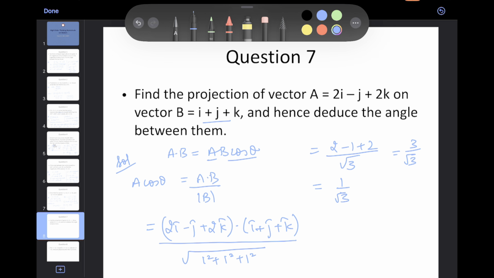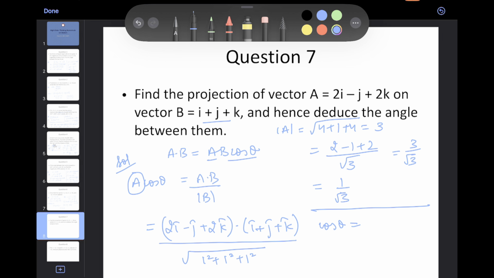And to calculate the angle, cos theta, what you can simply do is take the magnitude of A here. So what is the magnitude of A? 2 twos are 4, plus minus 1 square is 1, plus 4. 4 plus 4, 8, plus 1 is 9, that is 3.